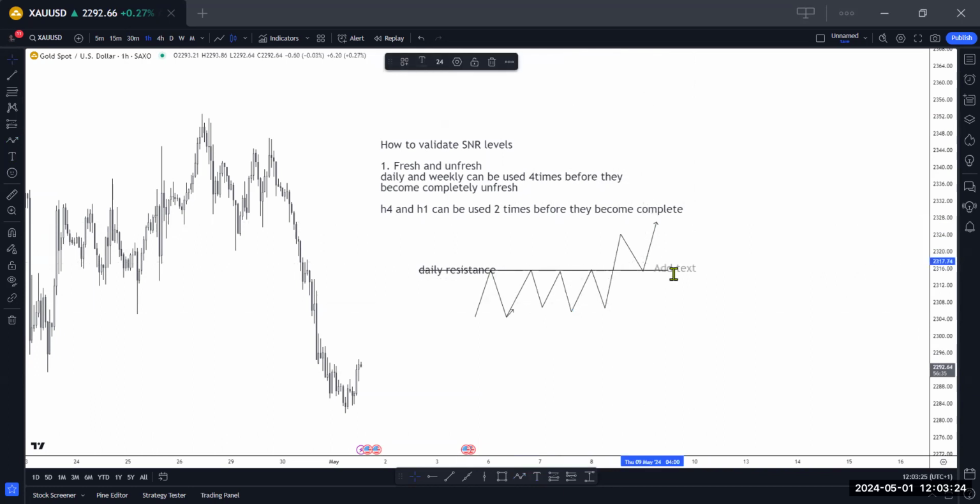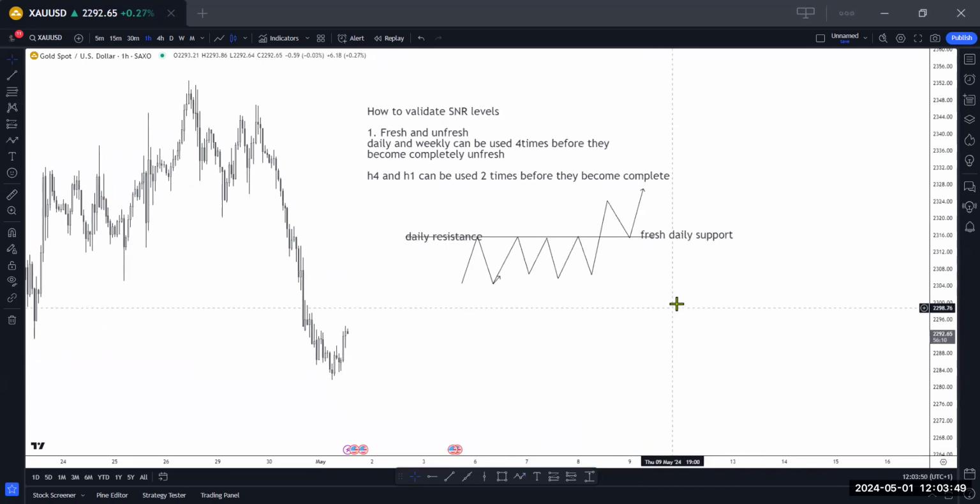So right here, it becomes fresh daily support. Why? Because this is the first time that price is going to be using that level for support. Price has been using that level as resistance, tap, tap, tap, tap, breakout, now fresh support, taps, boom, starts to move high.